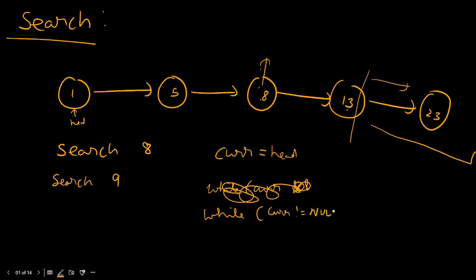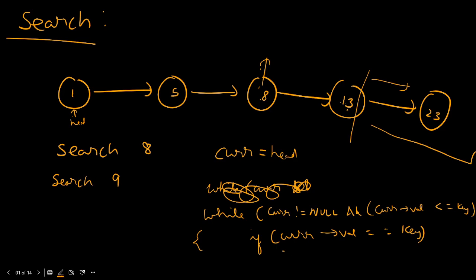That's just to make sure that if we reach the end of the list, it's going to break. What do we need to do? It's very simple. If cur's value is equal to key, let's return the address of the node. Return cur.